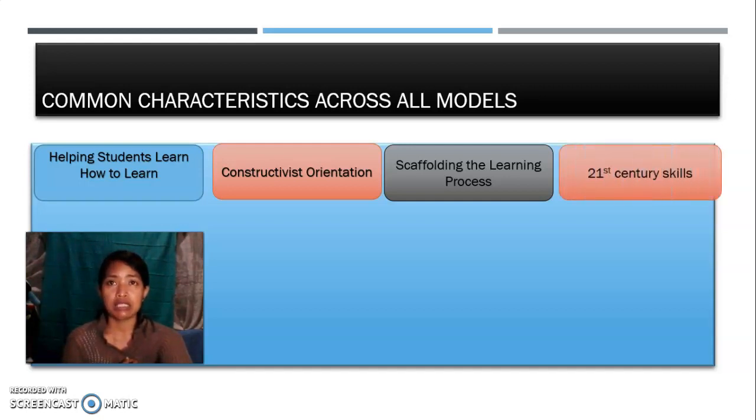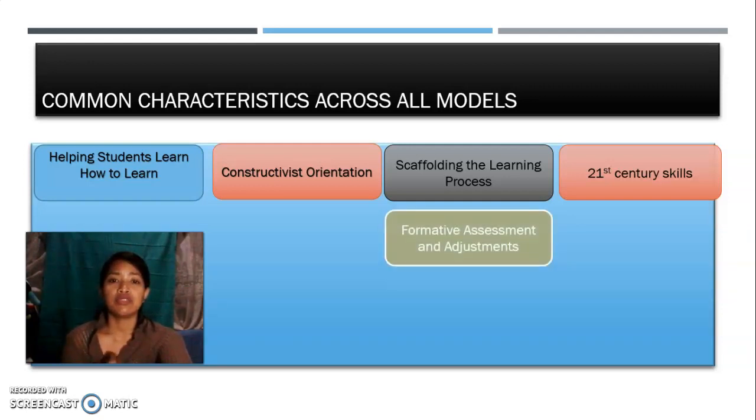And then it includes the 21st century skills. So the new teaching paradigm includes the four skills: communication, creativity, critical thinking, and also collaboration. Besides, it also includes digital literacy and also cultural literacy.